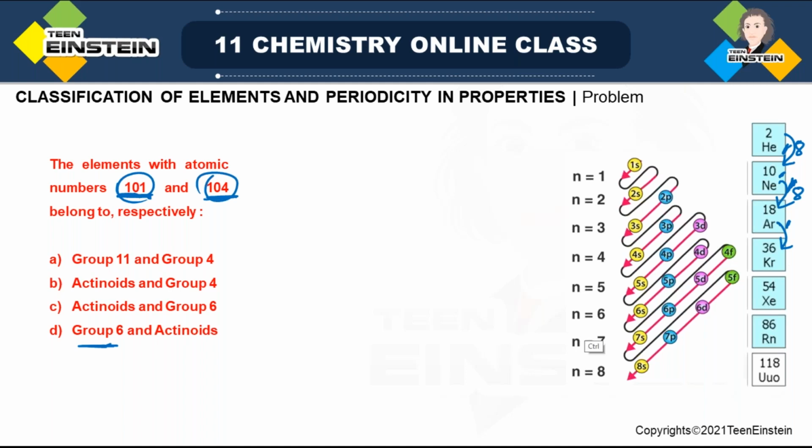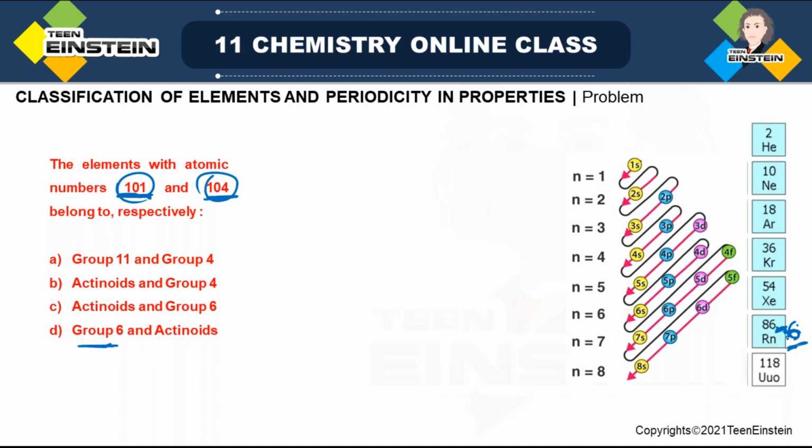Now once you have remembered it, how will you proceed to answer the question? Take the first one, atomic number 101. First point, what is the last noble gas before it? It is obviously 86. That means it is period 6. Now this period 6 is already complete at Rn.